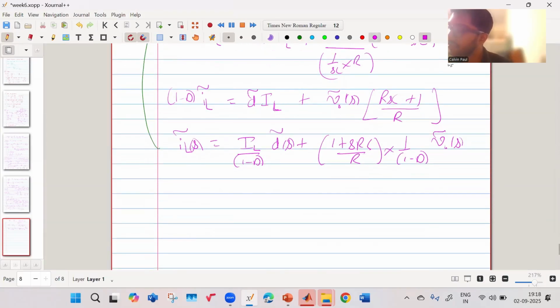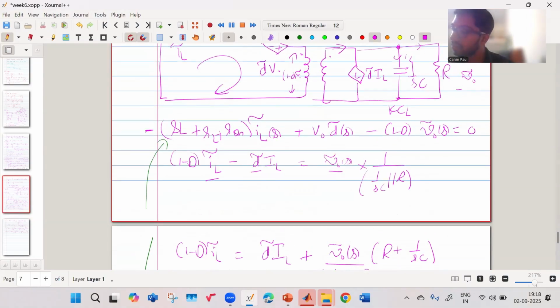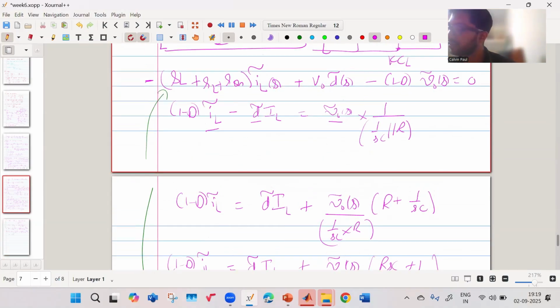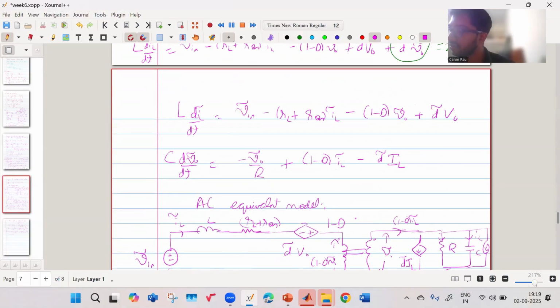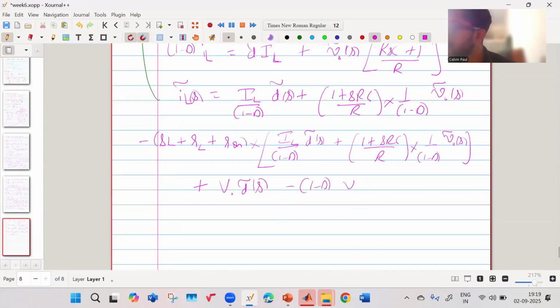So we have minus SL plus RL plus R1 into this IL into 1 minus D into D per term of S plus 1 plus SRC by R into 1 upon 1 minus D into V output per term of S, plus V output into D per term of S, and minus 1 minus D into V output per term of S is equal to 0. Okay.